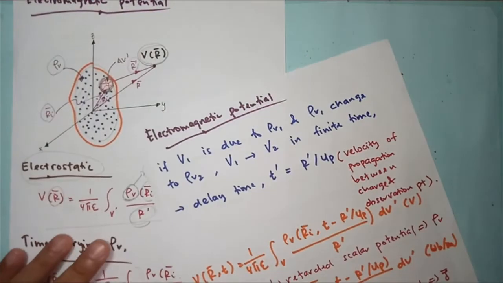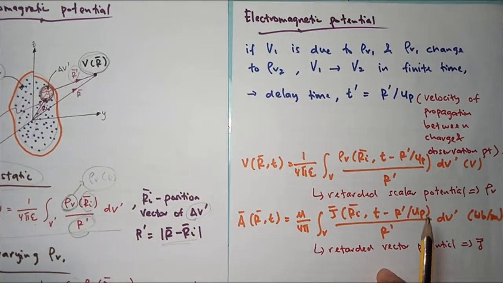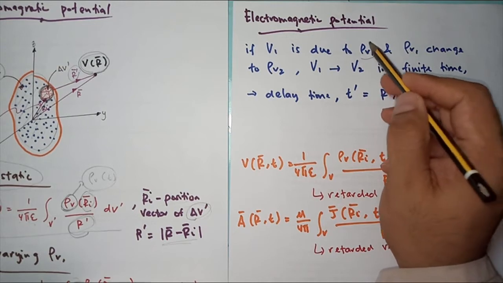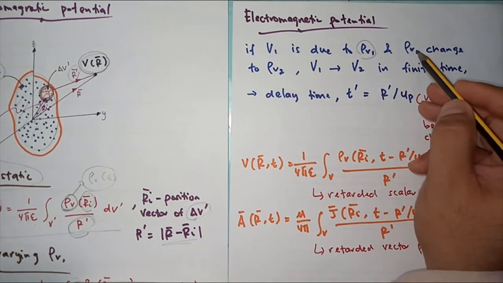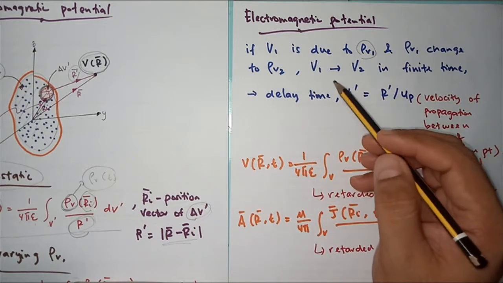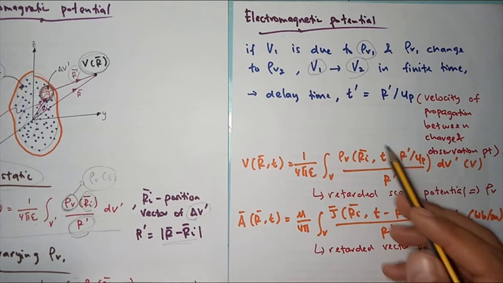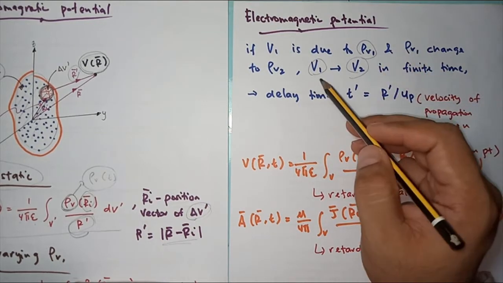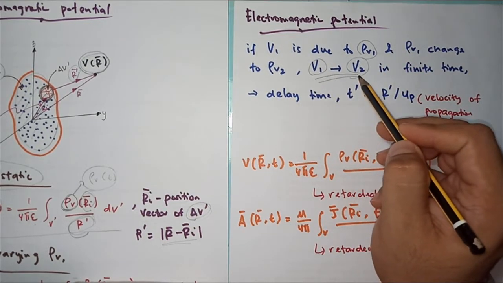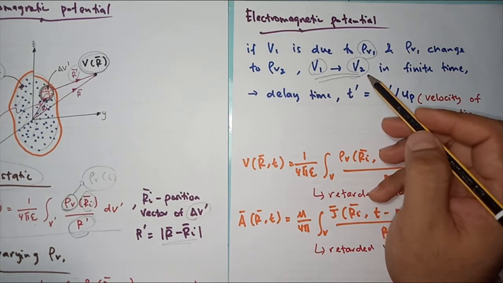Alright, if the value of charge changes from, let's say, rho v1 until rho v2, it will mean as well that the value of potential difference will change from v1 until v2. However, this change of potential difference does not happen immediately.